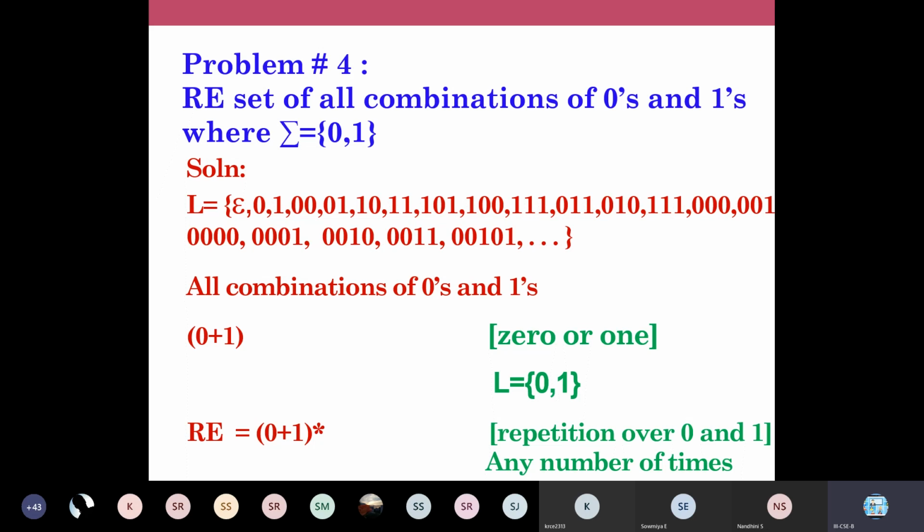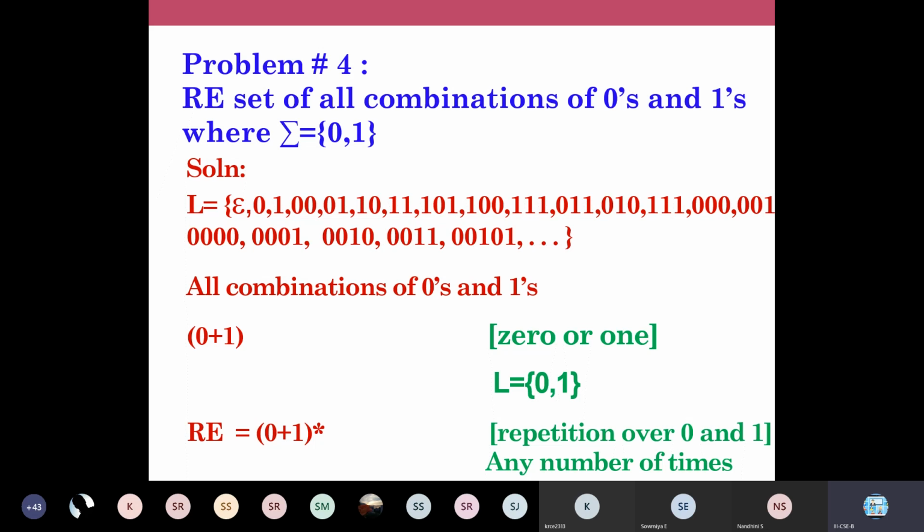Then write all possible 2 length strings: 0 0, 0 1, 1 0, 1 1. Then all possible 3 length strings. Then you randomly write some other strings. It's not a must that you follow that, but if you write in that format, it will be neat and visibly clear. So this is your language, the set of all combinations of zeros and ones.